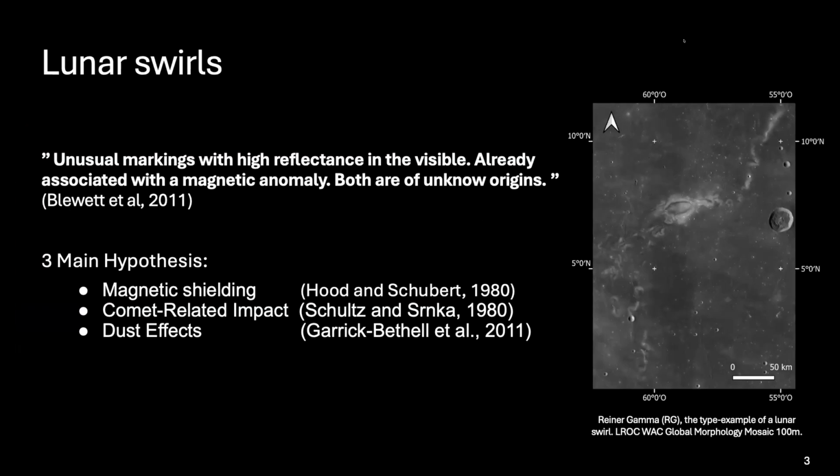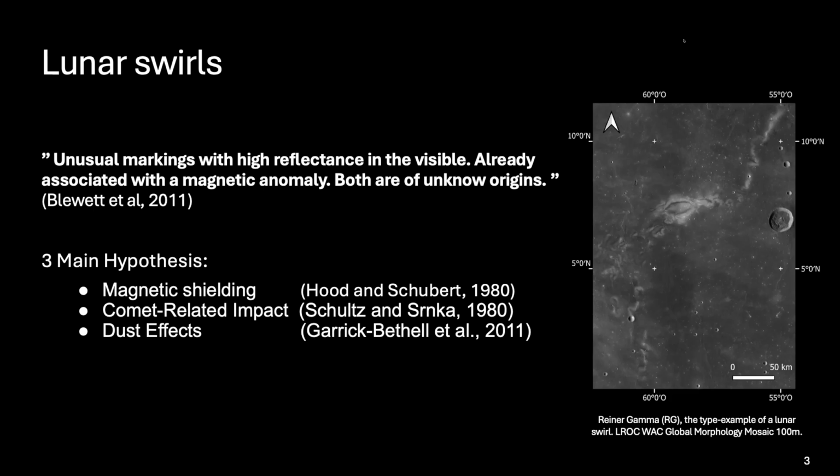Lunar swirls are essentially winding shapes without topographic correlation. The main hypothesis, suggested by Wood and Schultz, is that solar wind shielding inhibits the normal space weathering of the surface, therefore creating these patterns. Reiner Gamma and its magnetic anomaly may represent macroscopic evidence for a superficial darkening process.